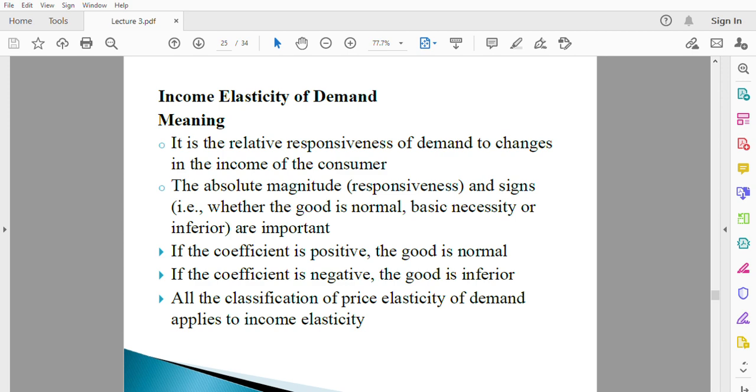If the coefficient is negative, the good is an inferior good. The coefficient, I mean the answer we get when we calculate the elasticity. If it is negative, it's an inferior good. All the classifications of price elasticity of demand apply also to income elasticity of demand. Something very important to take note of.